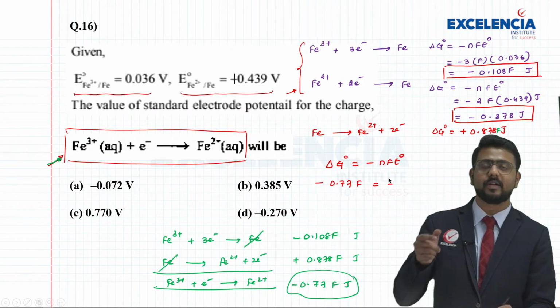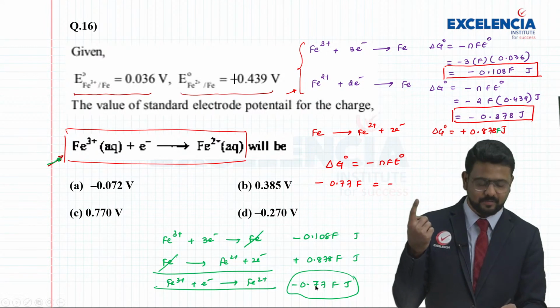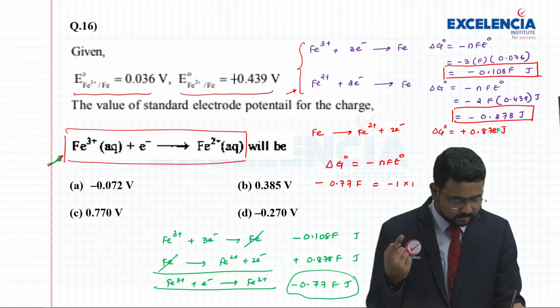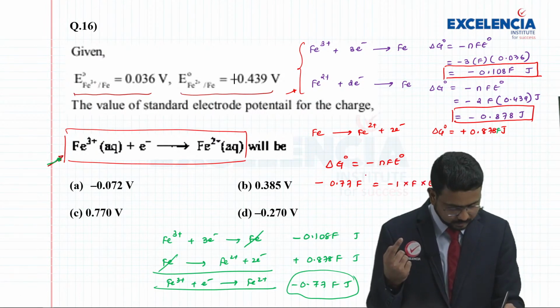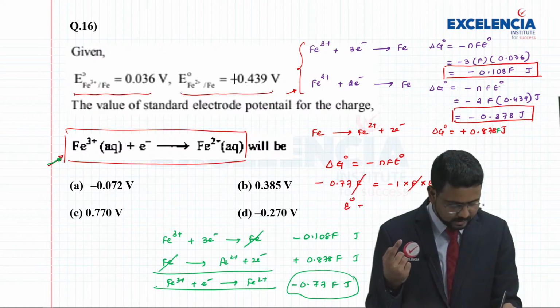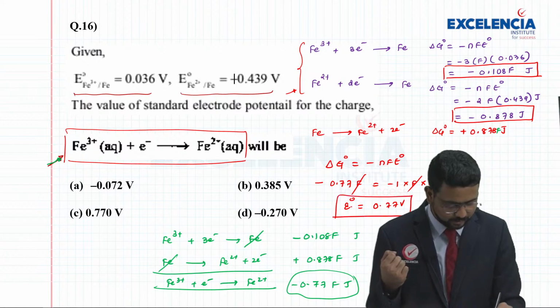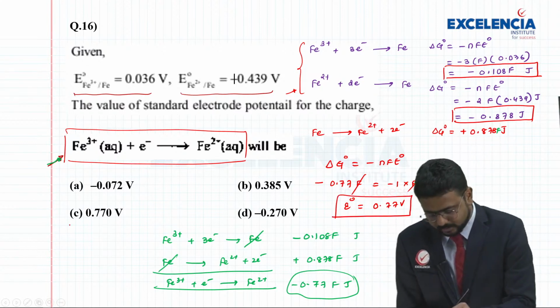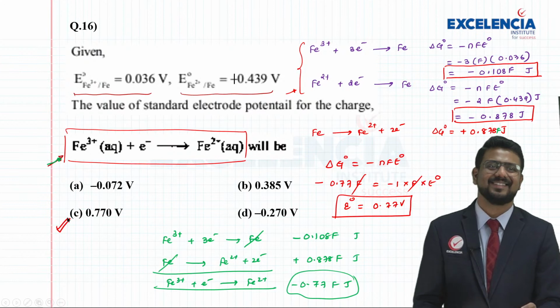In the third reaction, what is the value of n? Obviously 1 mole of electrons is involved. So 1 times F times E naught. F gets cancelled here, so you are left with E naught as 0.77 volts. Looking at this, obviously your answer should be option C, right?